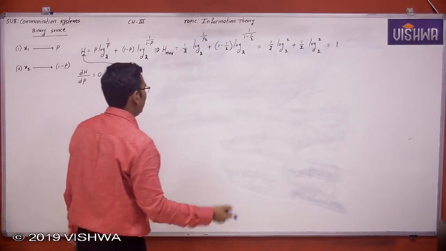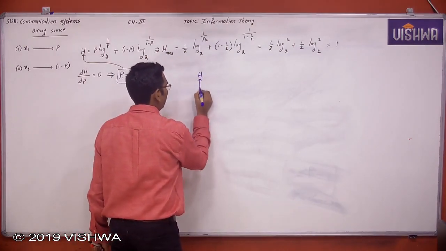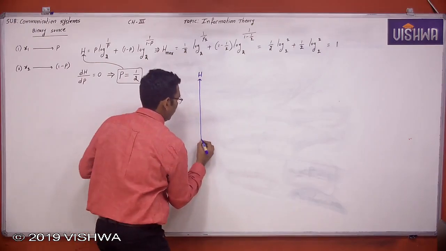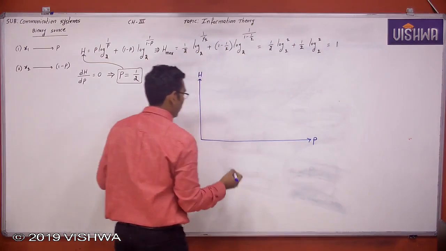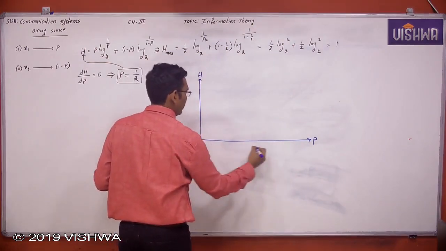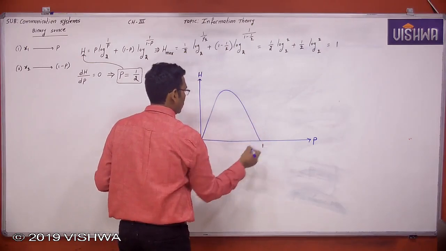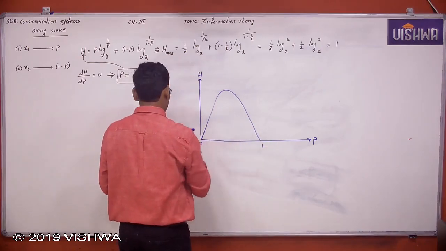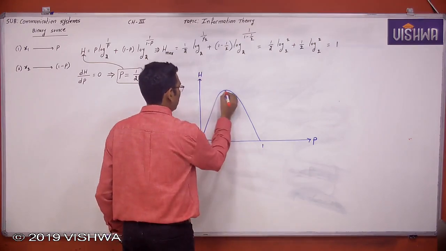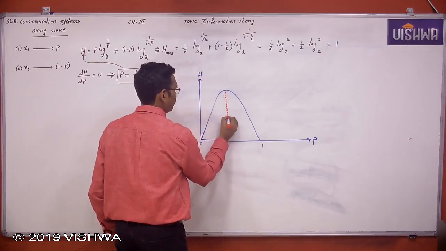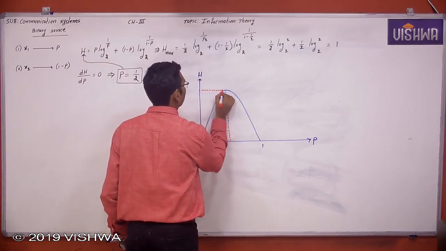Now if you draw an entropy versus probability diagram, you know that the probability always lies between 0 and 1.